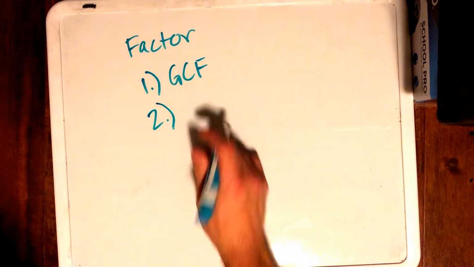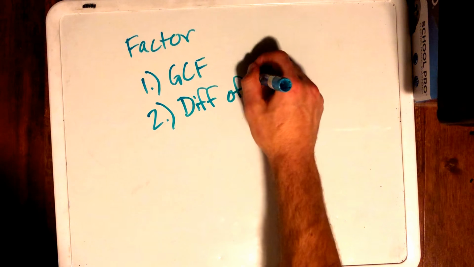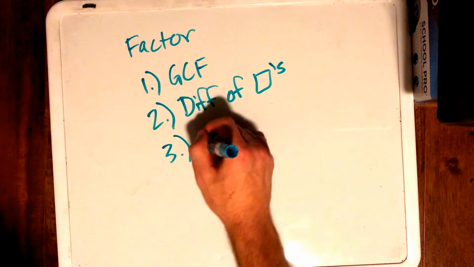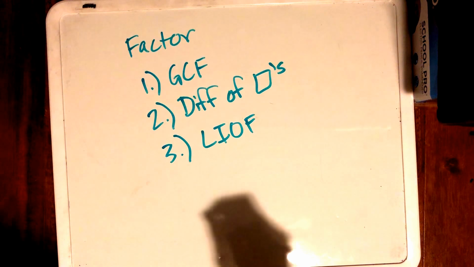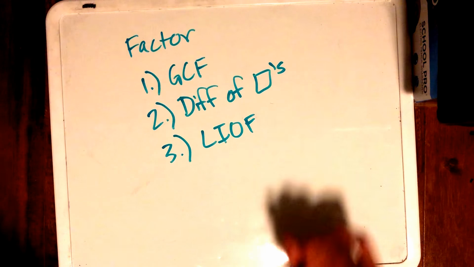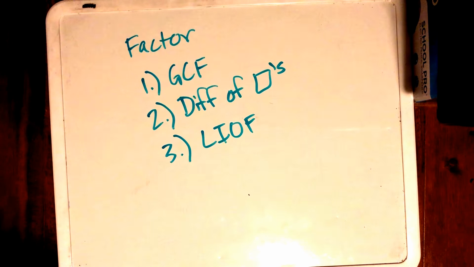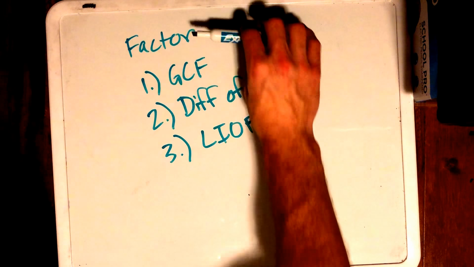The next thing you want to look for is a difference of squares, which is what we're going to go over next. The third thing, like we talked about in class, is Leoff or backwards FOIL, where you're given a trinomial and then we break it into 2 binomials. You guys were pretty good at that. This is the third step, and then the fourth step, we won't worry about it because that's grouping. That's the next thing.